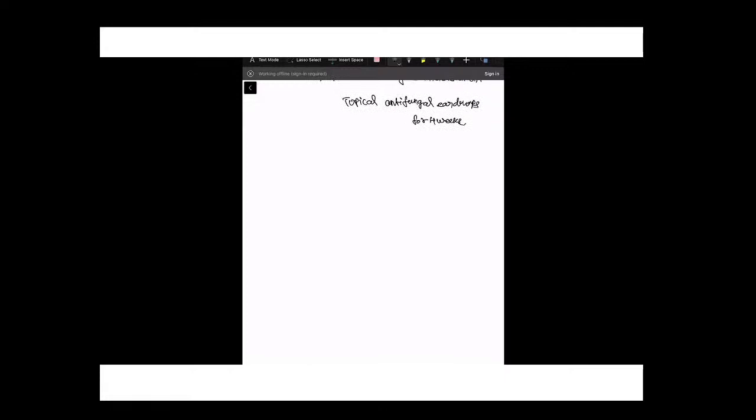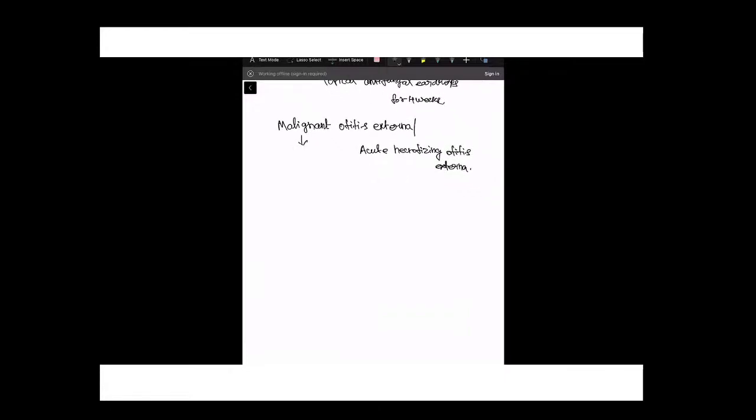And we have malignant otitis externa, or acute necrotizing otitis externa. Malignant is just a misnomer. It is not a cancer.